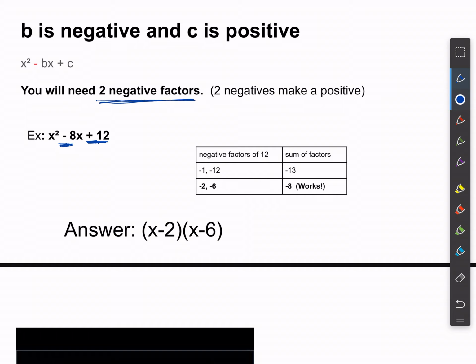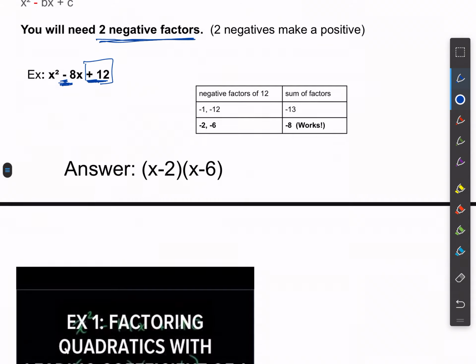You don't really have to memorize this rule because it'll come out when you are figuring this out, but it is important to remember that if you have a positive term at the end and a negative term in the middle, you're going to have two negative factors. Let's look at what this looks like.